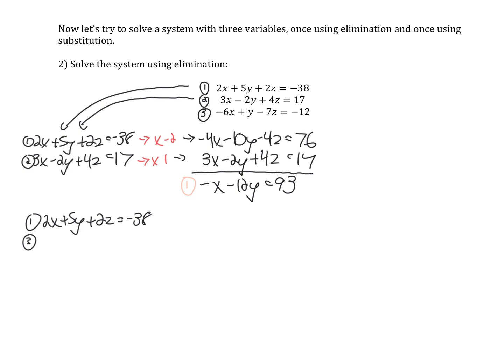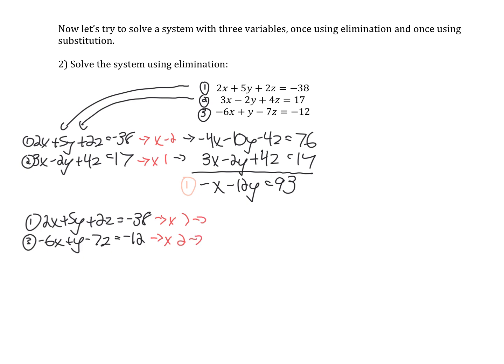So let's choose equation 3, which is negative 6x plus y minus 7z equals negative 12. And I want to eliminate the z's. So the easiest way to do that is to multiply the top equation by 7 and the bottom equation by 2, and add those new equations together to eliminate the z's.